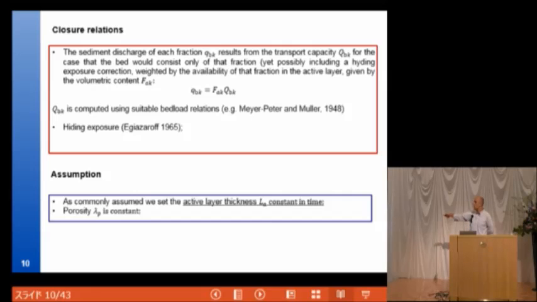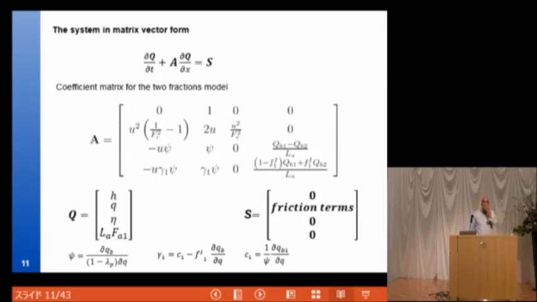I also consider hiding and exposure, following the Egiazaroff closure relationship. And as in many numerical applications of sediment morphodynamics, I assume that the thickness of the active layer is constant, and the porosity is also constant. This is a heavy slide.